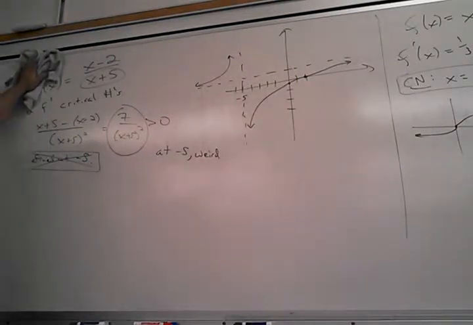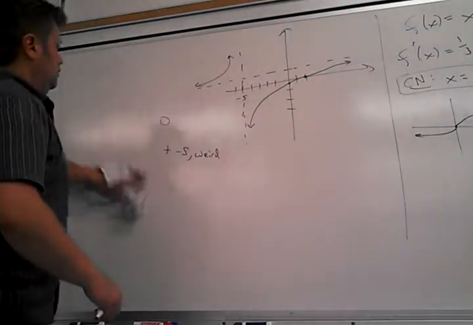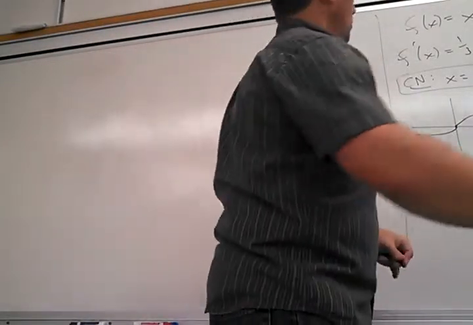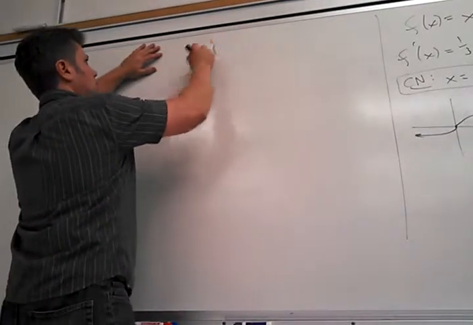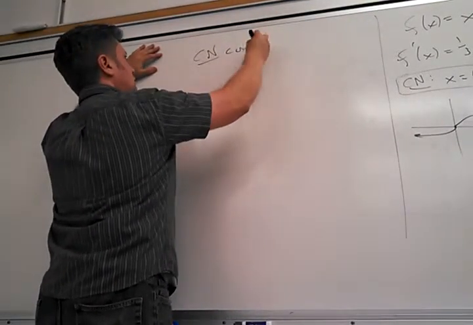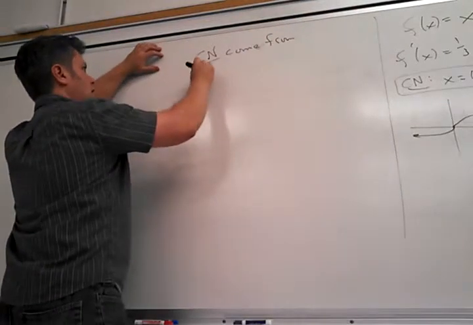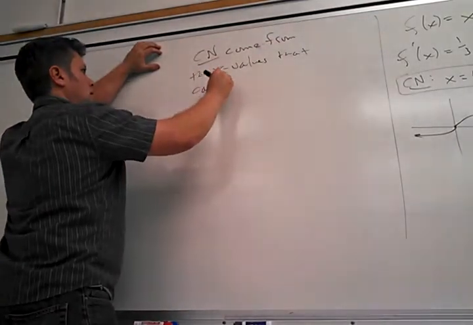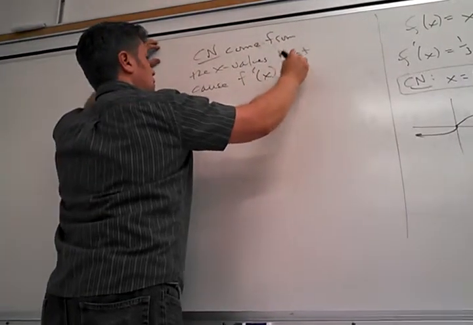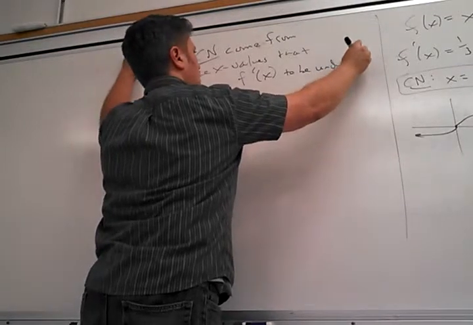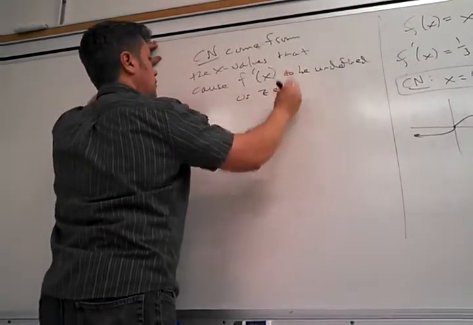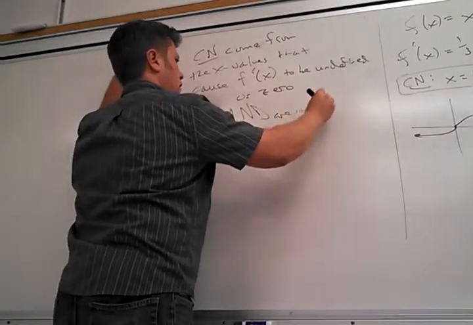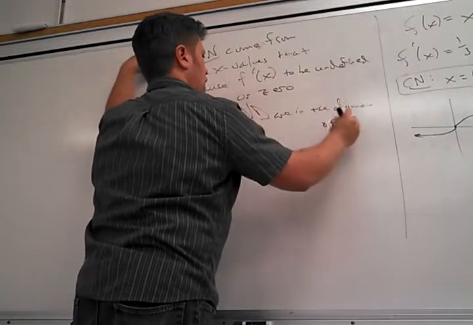So what I want to focus on tonight. Can you say that one more time? When you take f prime, you get the 0 or whatever? Yeah, so critical numbers come from the x values that cause f prime of x to be undefined or 0 and are in the domain of f of x.